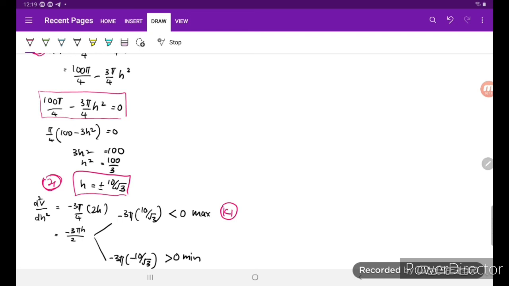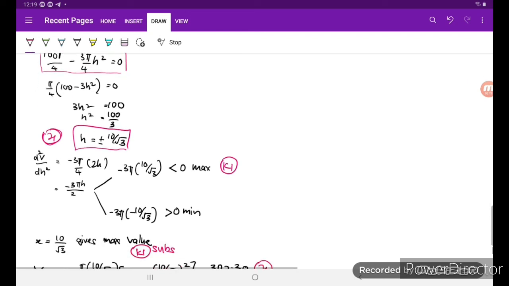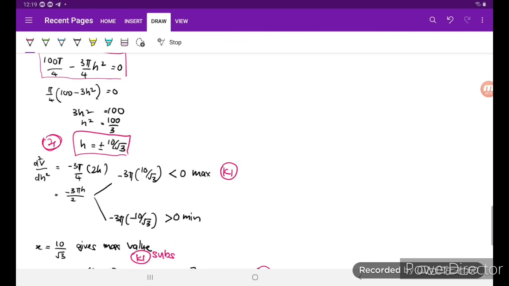So I will get 2 values of h. One will be minimum, one will be maximum. So I use the second derivative test to know which is the minimum and maximum. So I differentiate, I get my term. Then I put in my h, one is positive, one is negative.